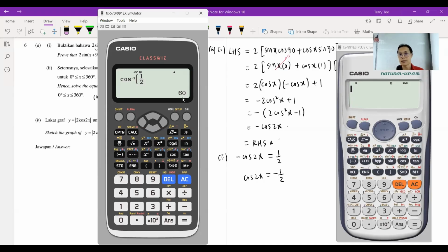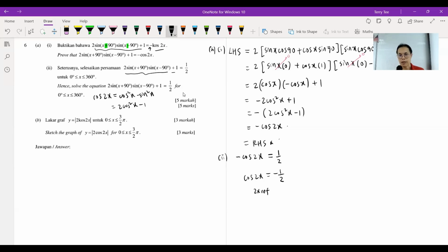So it's 60. You don't have to write this REF or rujukan, up to you. R, you just put R is 60. If you don't write, it's okay. Straight away, we know cos is negative in quadrant number 2 and quadrant number 3. However, take note, this is meant for x, but this is 2x, right?